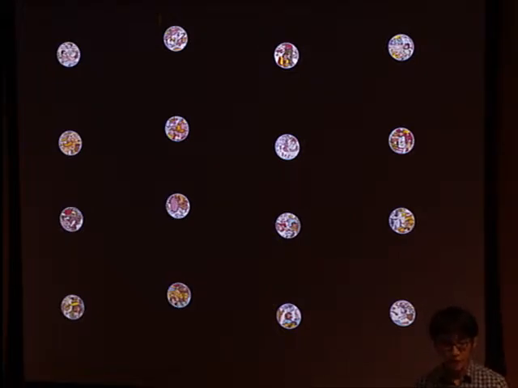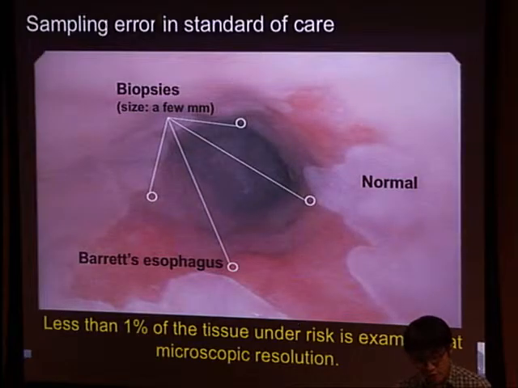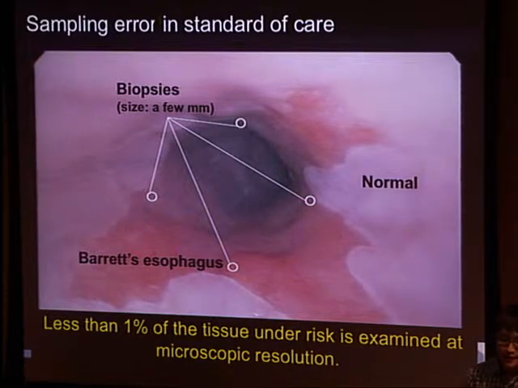But you can only do that for a very small fraction of the tissue, so you have details, but you don't have the big picture. So we have two different situations here, and that actually is the case. This is an example video endoscopic image of the esophagus where you can see the difference between normal esophagus versus Barrett's esophagus.